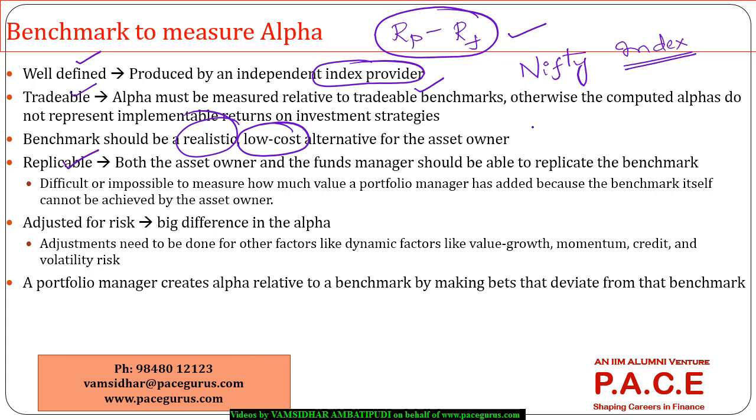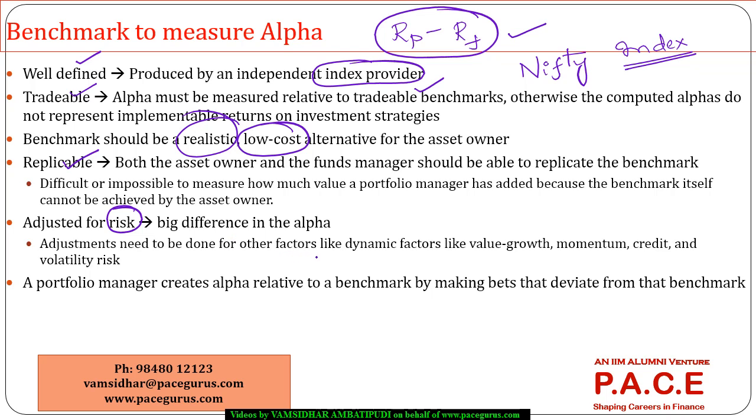Because that is what we'll talk about: what is the value that has been added by the portfolio manager? Unless I am able to compare it with some tradable benchmark, I cannot really measure the success level of this manager. So it should be adjusted for risk. It should be a risk-adjusted alpha.